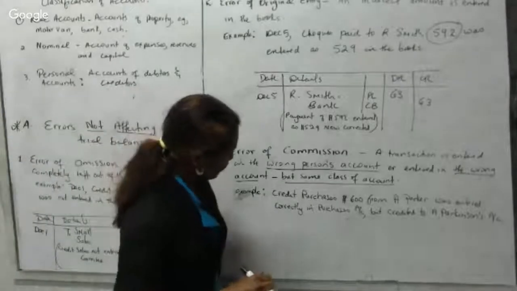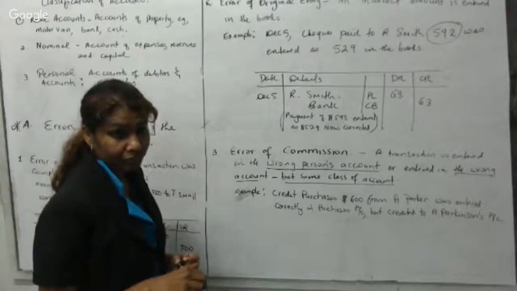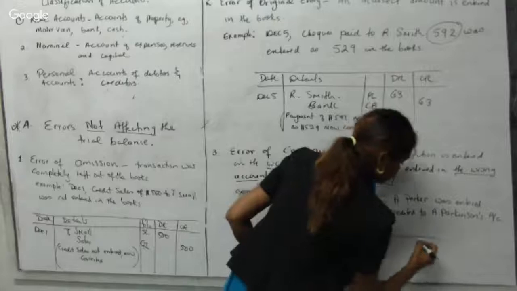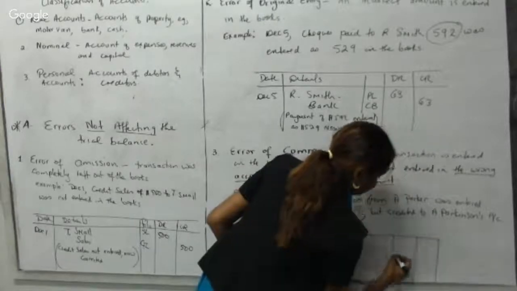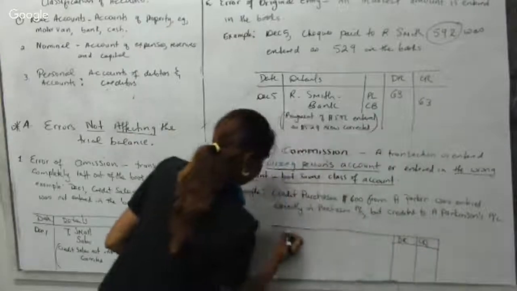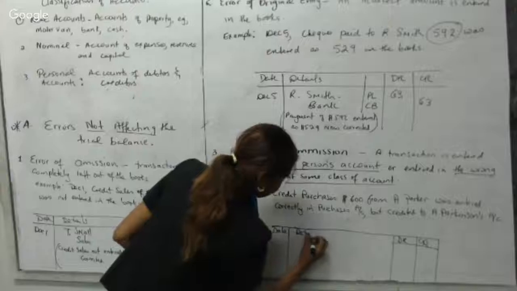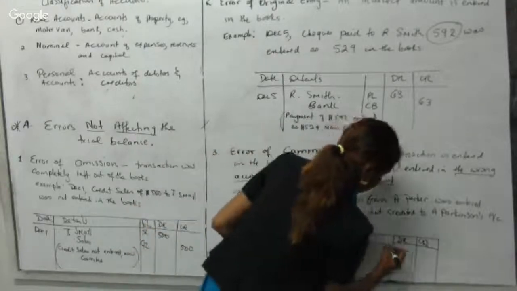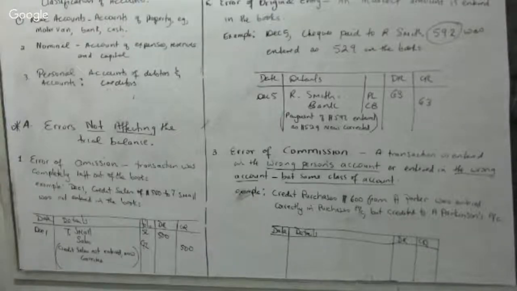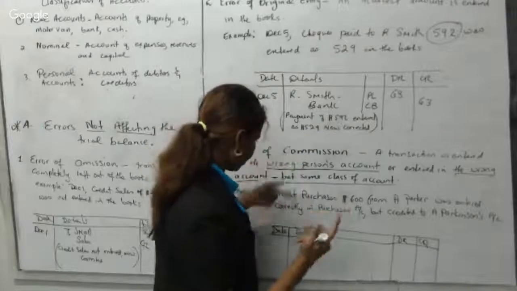All right, so what would you do in a case like this? Again, make the error correction through the general journal. So we have debits and credits. The easiest way is to make the error correction, or let's start it through.